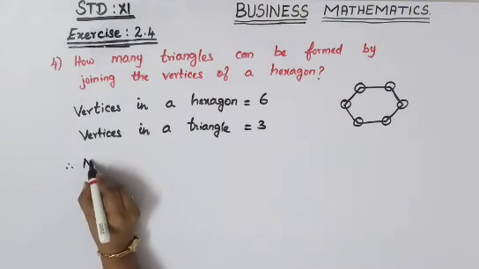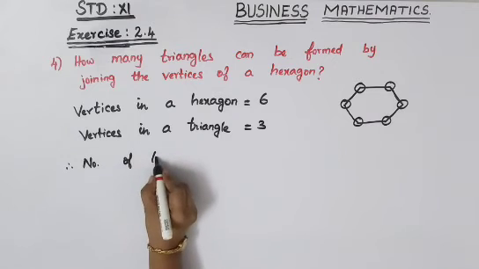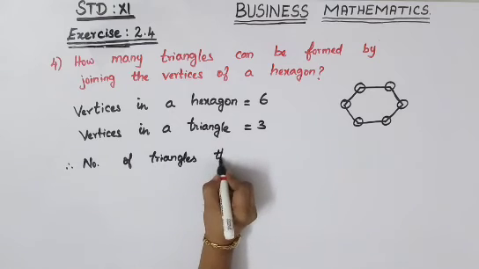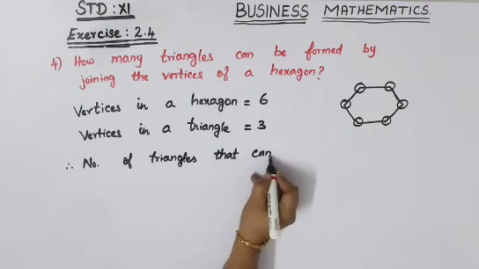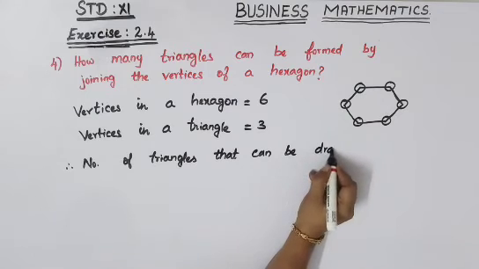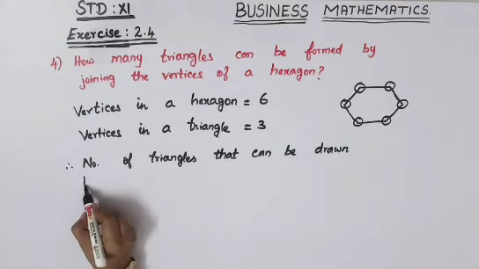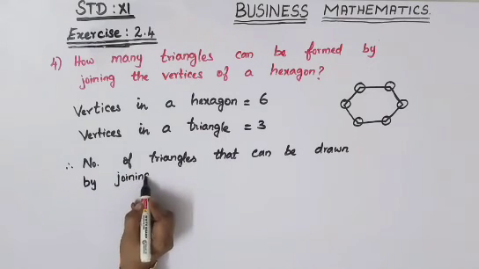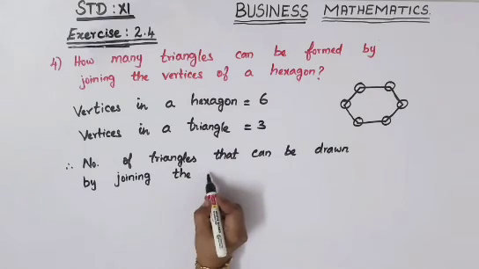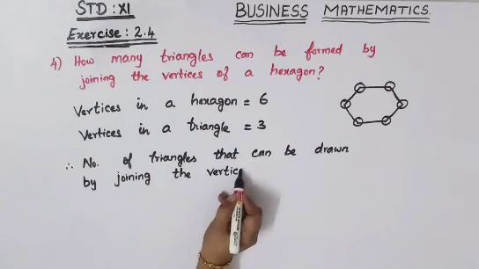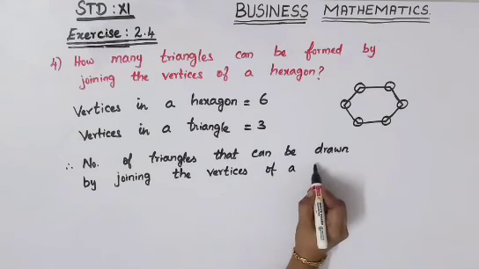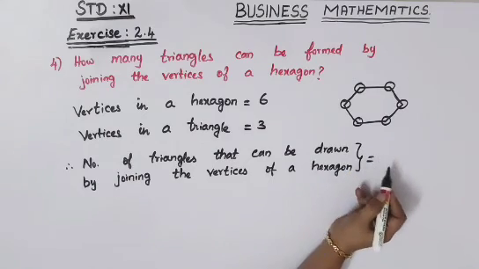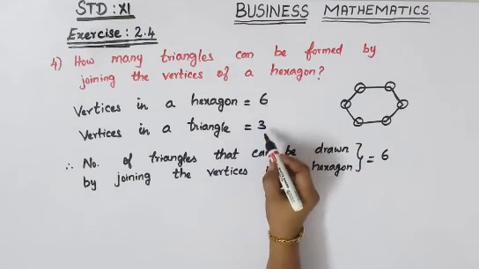Therefore, number of triangles that can be drawn by joining the vertices of a hexagon is equal to, so 6 vertices from your hexagon and you'll have to draw 3.